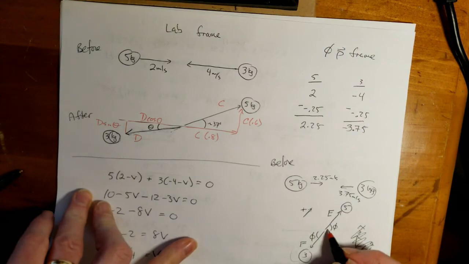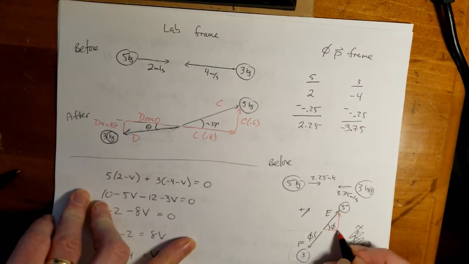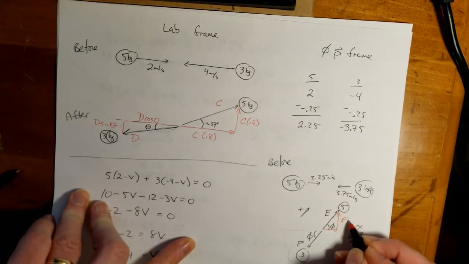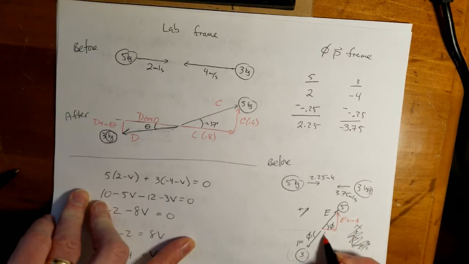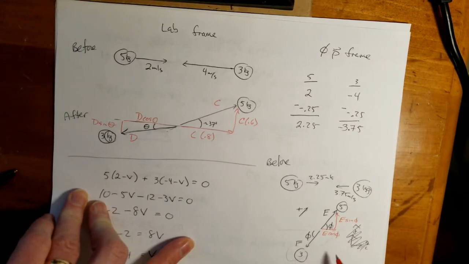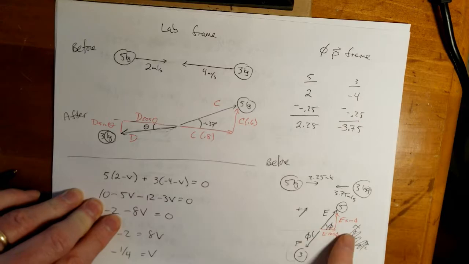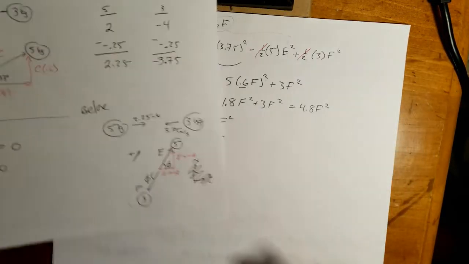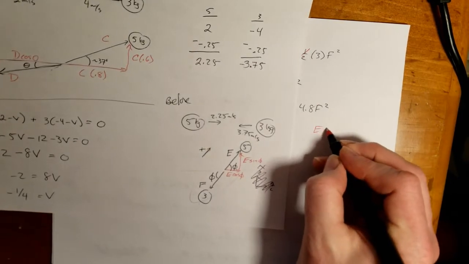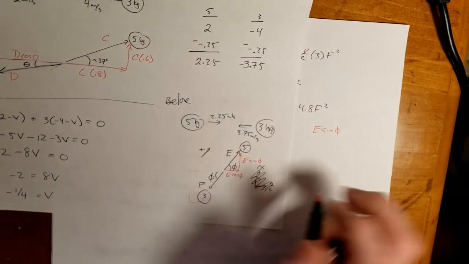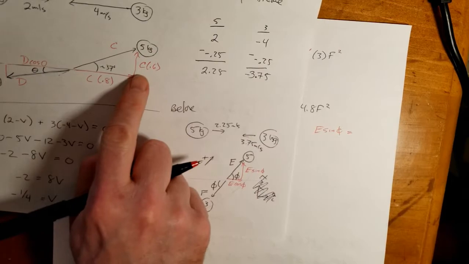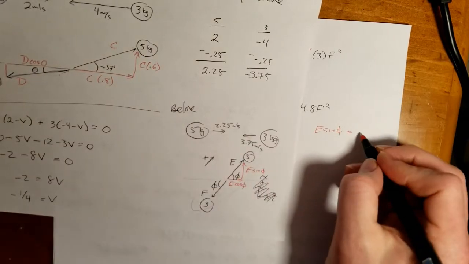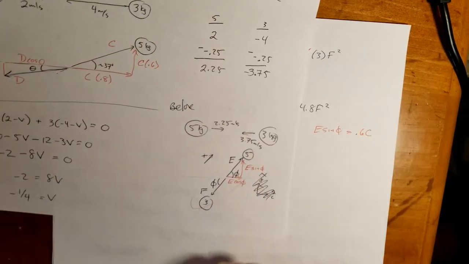If I shift into the frames here, this is E sine phi and E cosine phi. Now when I shift from one to the other, I'm not shifting vertically, and so I have this relationship: E sine phi is equal to C sine of that angle, in other words, 0.6C.